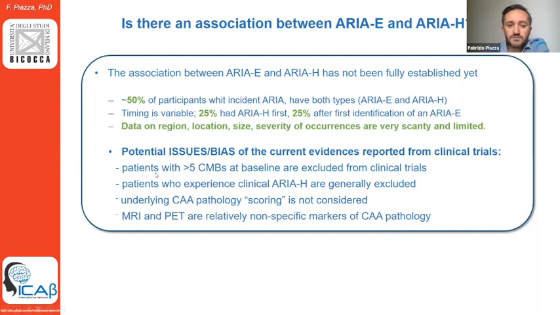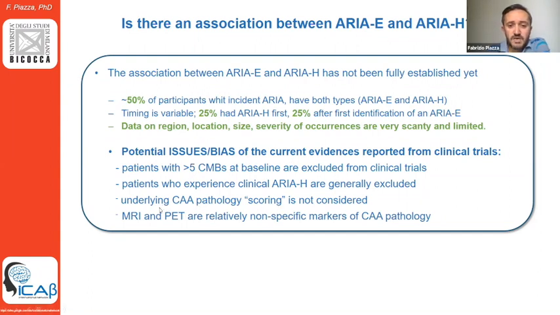Also, in previous and current trials, patients who develop an ARIA-H, so a bleeding event, are generally excluded from the trial. So we do not have long observation, and we cannot have a clear interpretation of the data in the long term.